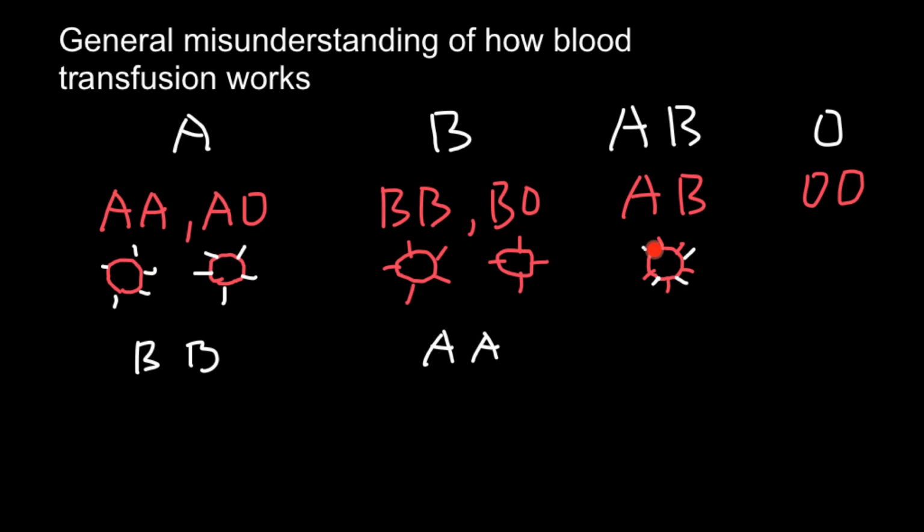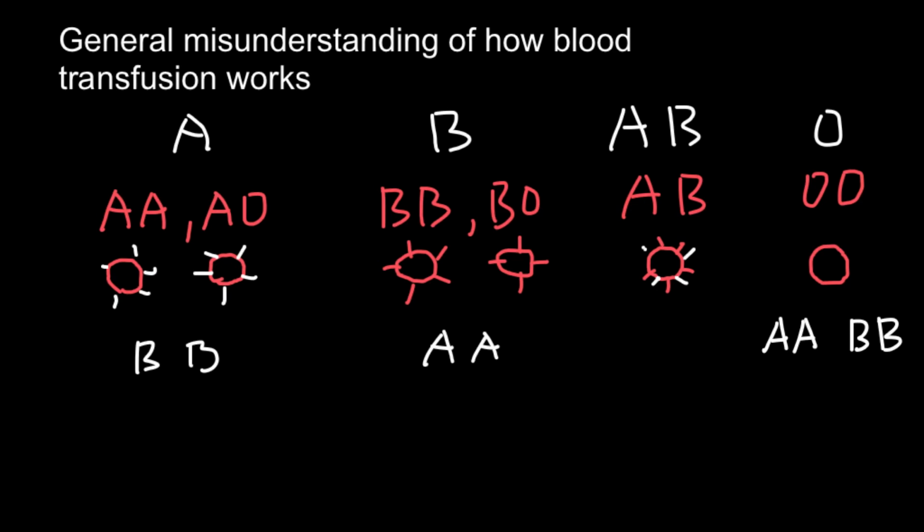Otherwise, such antibodies would attack and kill the person's own red blood cells. And as for blood group O, we agreed not to show the protein which would be produced by this type of allele on the surface of the red blood cells. We just say that it doesn't have any antigens at all. And in the plasma of this blood group, we can find both antibodies A and antibodies B.